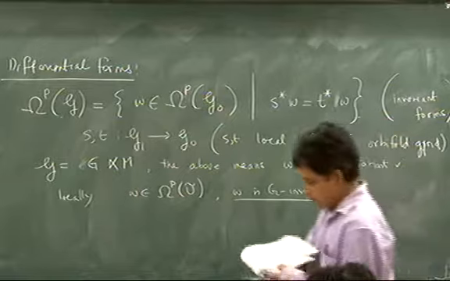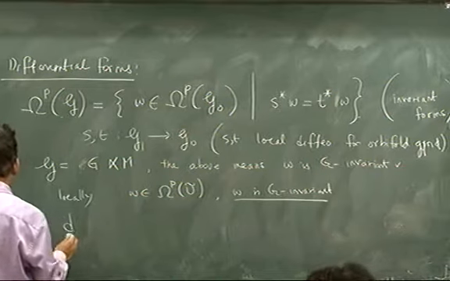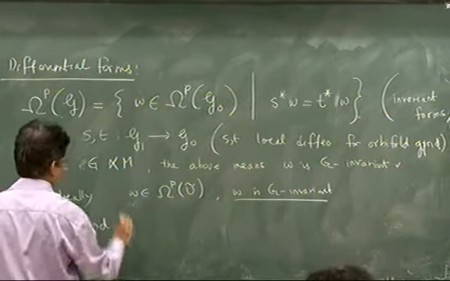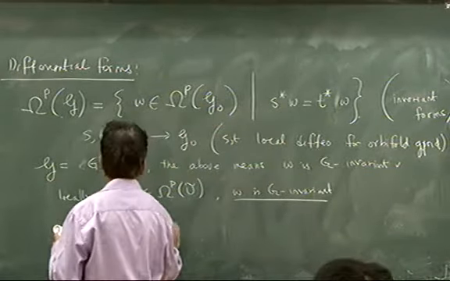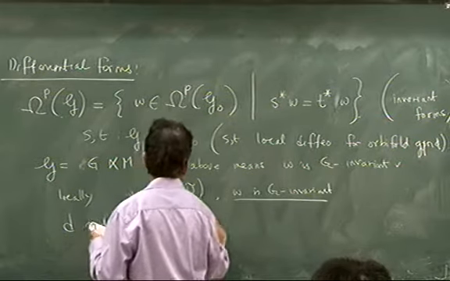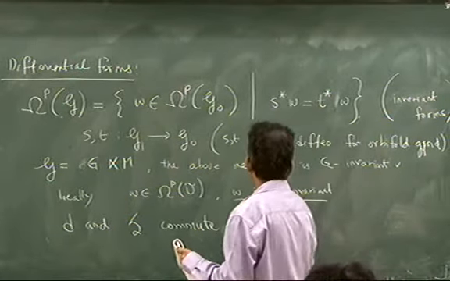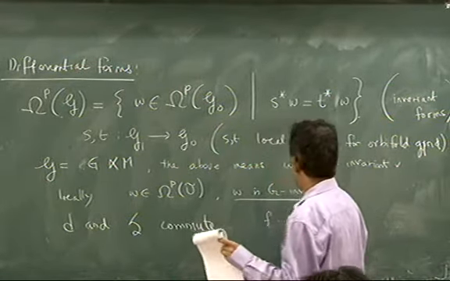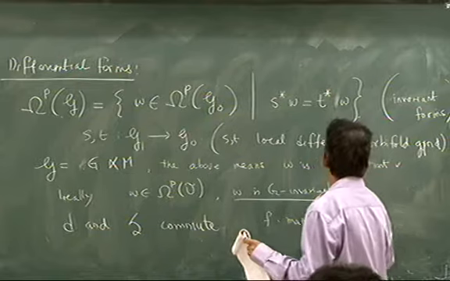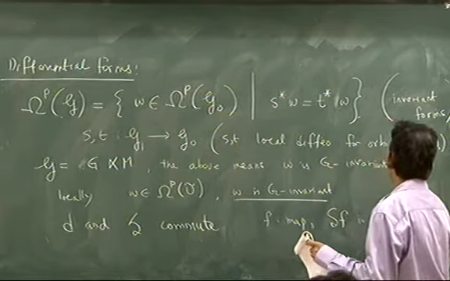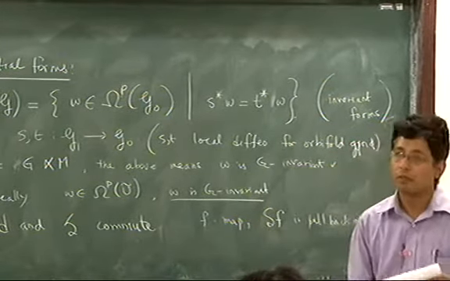Now, you can define d. The pullback under any map, right? d and delta commute. Delta means if you have any map f, then delta f is the pullback on forms. So we know that these commute.